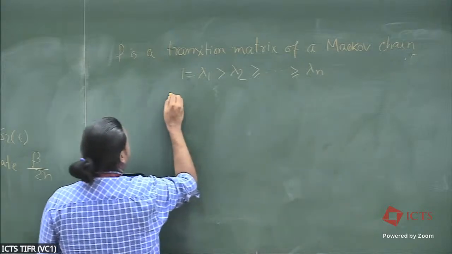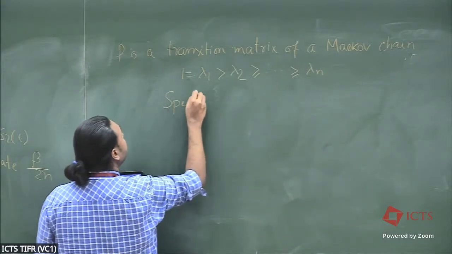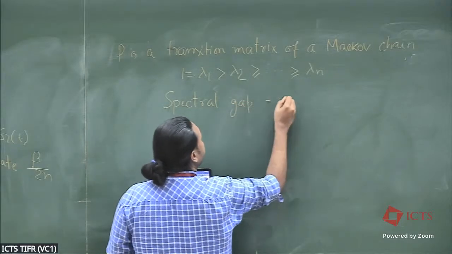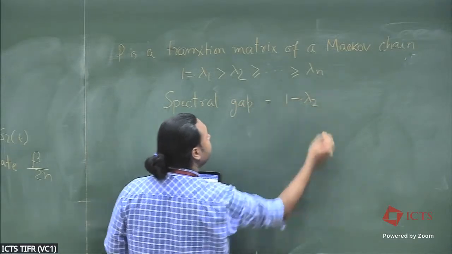Then the spectral gap is defined as 1 minus lambda 2.